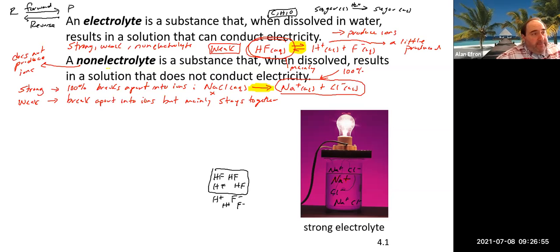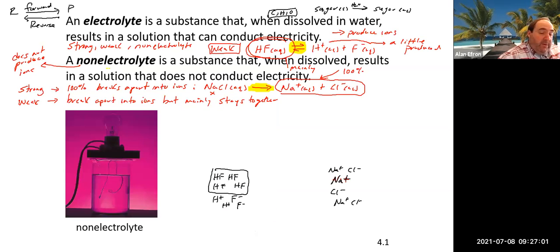Because we're not producing any ions in that solution, what we see in our third picture is a non-electrolyte, and we are not going to conduct any electricity because there's no presence of any ions. So the lack of ions in this last one means we're not conducting any electricity, and obviously it will not electrocute you.